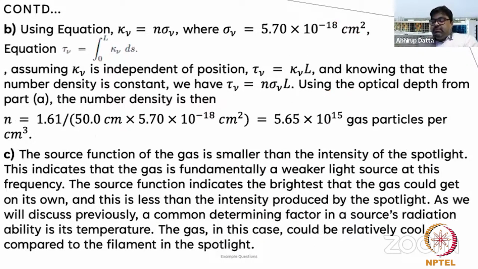Now, you have the absorption coefficient kappa nu, which we discussed earlier, and that is equal to the number density times sigma nu. And what is sigma nu? That is given as 5.7 times 10 to the power minus 18 centimeters squared. Let's go back and figure out what this is.